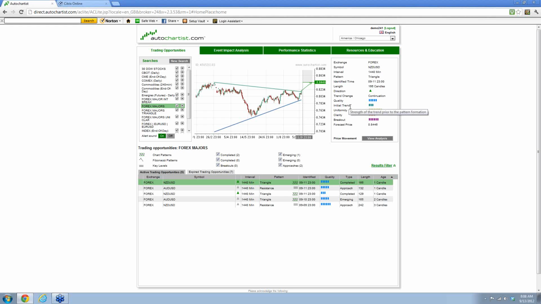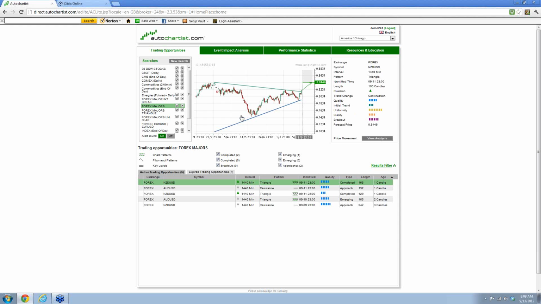It looks for like a rhythm in the market. So when I see that, I'm dealing with the inside of the triangle. When I'm looking at clarity, I'm looking to see if there's gaps or spikes. So the uniformity and the clarity deal with the aesthetics of the chart pattern, or how does it look to the eye? It's an appealing pattern.